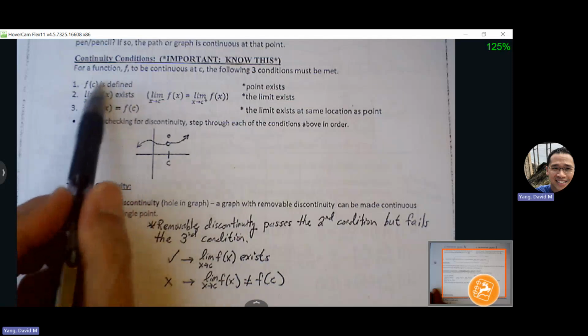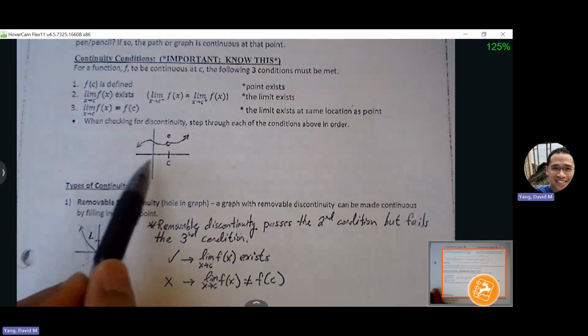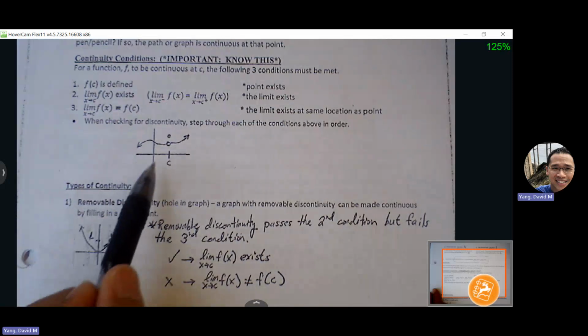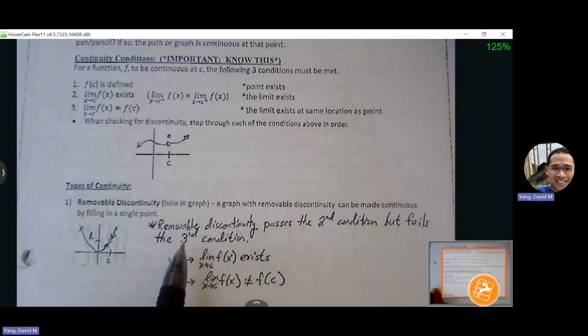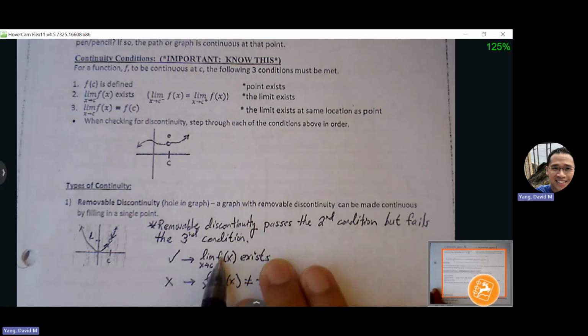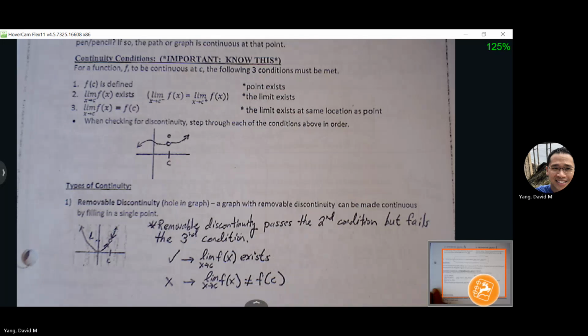So the first condition doesn't distinguish us being able to identify whether our graph has a removable discontinuity. It's got to basically pass the second one, but fail the third one. The limit exists, but the point is not defined where the limit is. Okay, next page.